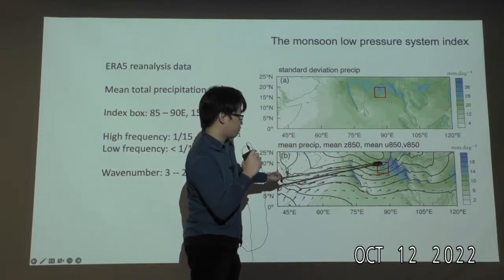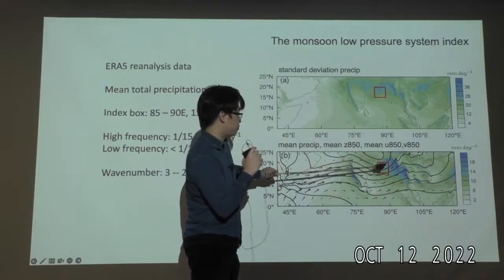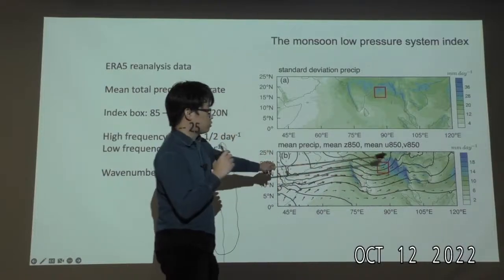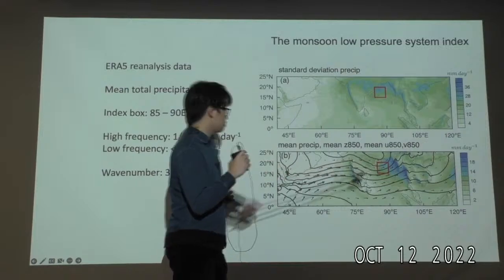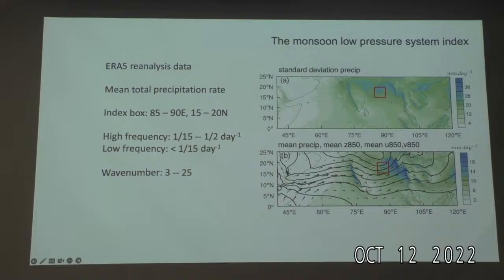Also, it's right in front of the monsoon trough, and it has high variability of precipitation. After doing the average in this red box, we got the low pressure system index. Is it reanalysis precipitation, or what precipitation? Yeah, reanalysis precipitation from ERA5.